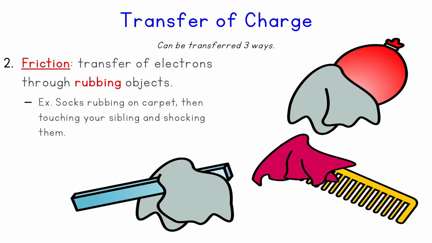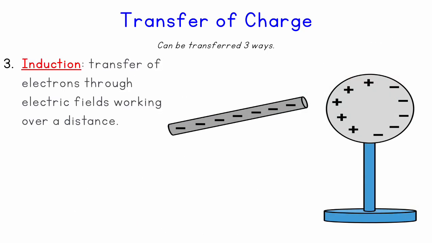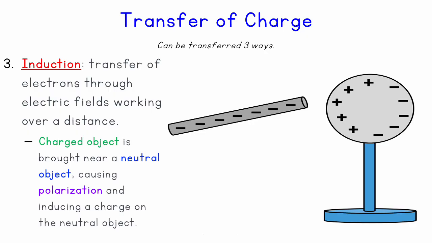Socks rubbing on a carpet, then touching your sibling and shocking them is an example of this type of transfer. And we have induction, which is the transfer of electrons through electric fields working over a distance. The charged object is brought near a neutral object, causing polarization, and inducing a charge on the neutral object.